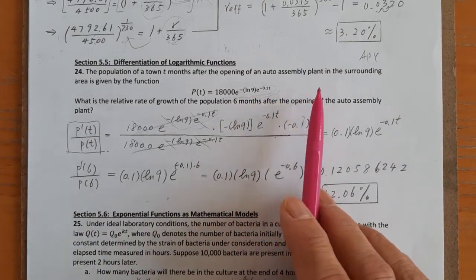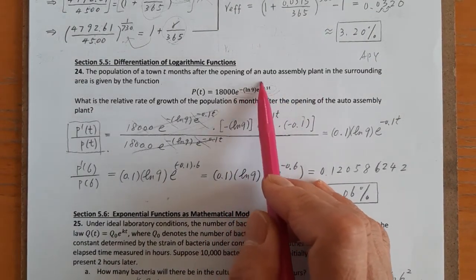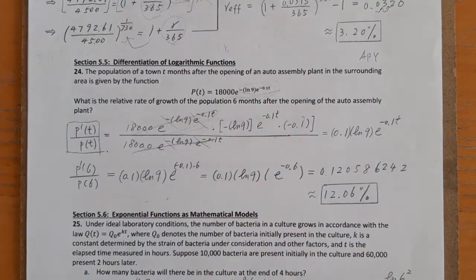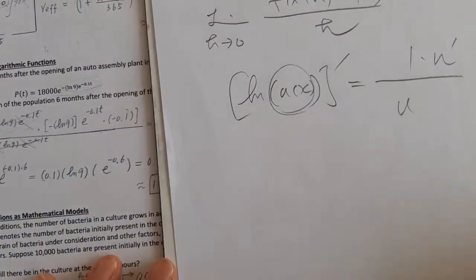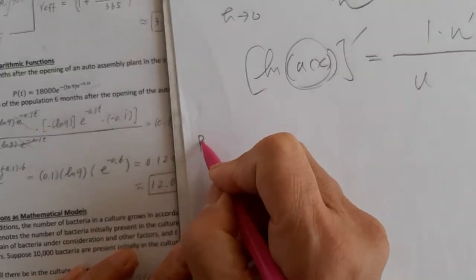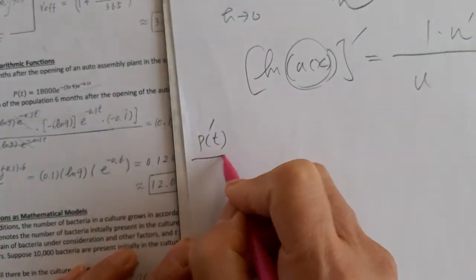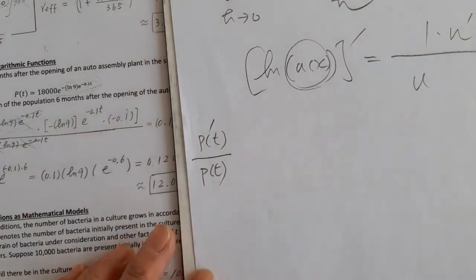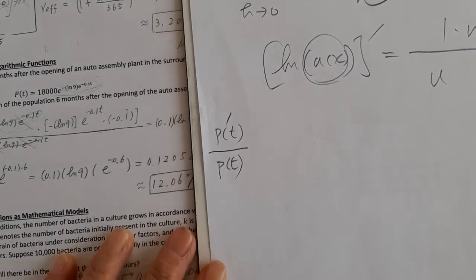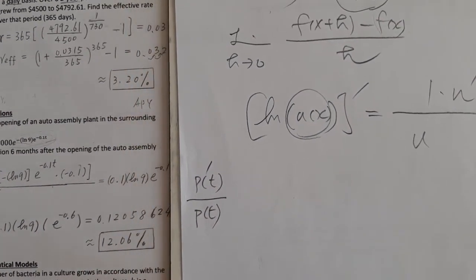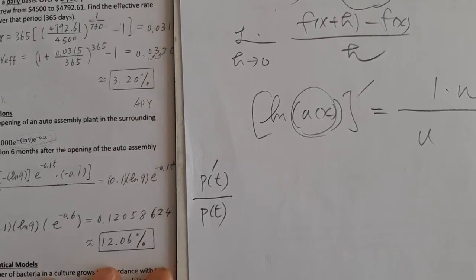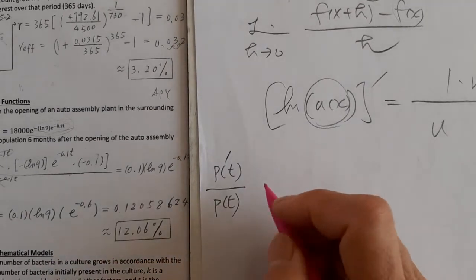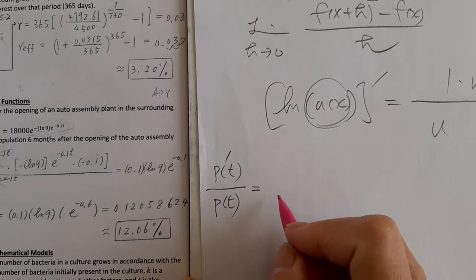Then by the chain rule, this part takes a derivative. Let me write this. P prime of t over P of t is what we call the relative rate, the percentage rate of change.